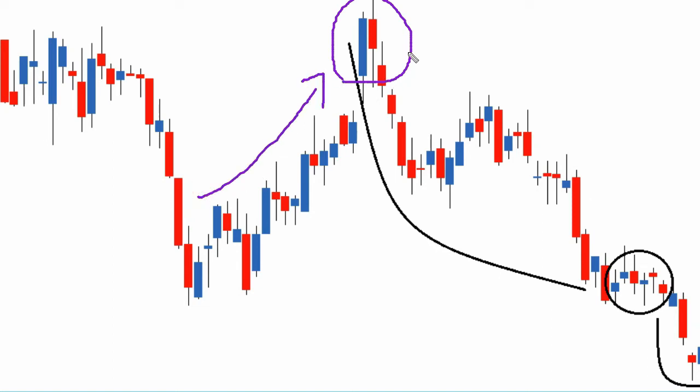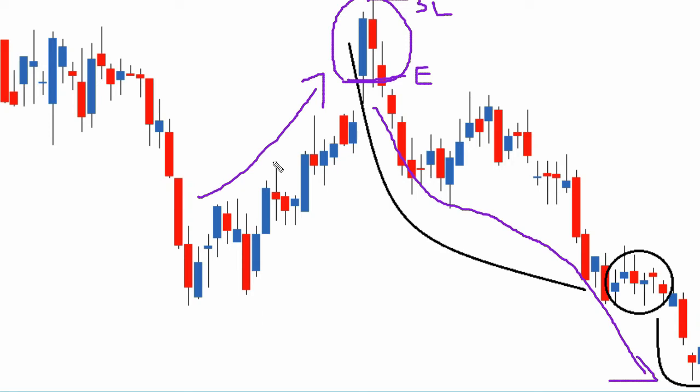The second condition, formation of a spinning top, and the high of the spinning top should be higher compared to its neighbors. So now we will mark the low and high of that spinning top. The high will be our stop loss, and at the low we will take entry. So whenever the low of the spinning top breaks, we can take entry and we can expect a strong bearish rally.